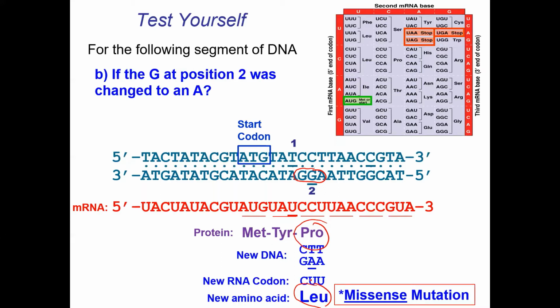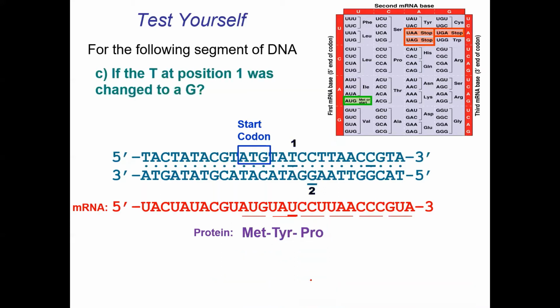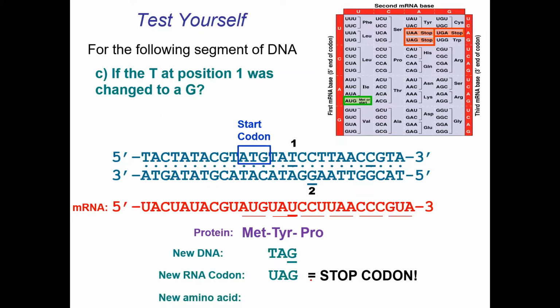All right, so the 3rd one, let's see what this one says. What if the T at position 1 was changed to a G? Okay, so we have a TAT, and our new DNA is going to be a TAG, and that rings a bell because I know that codon. The new RNA is UAG, and the new amino acid is a stop codon.